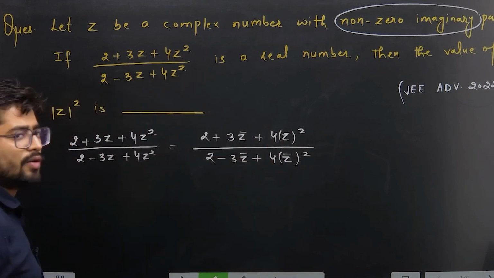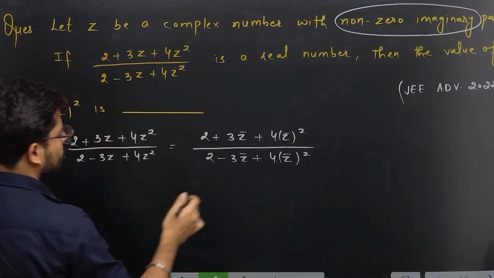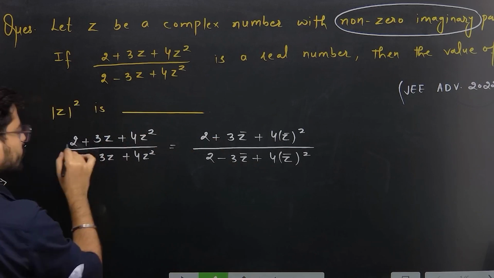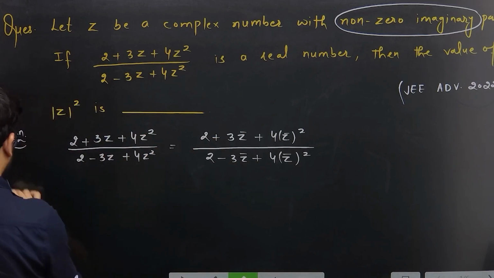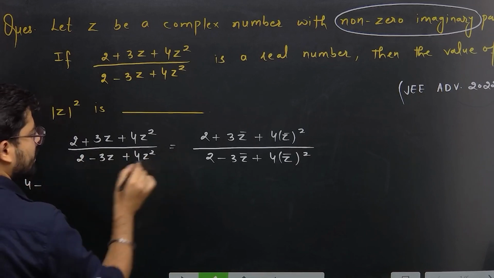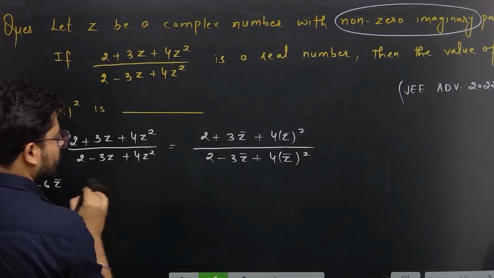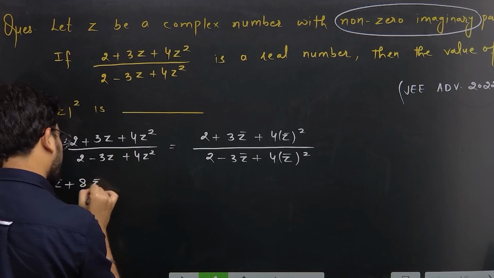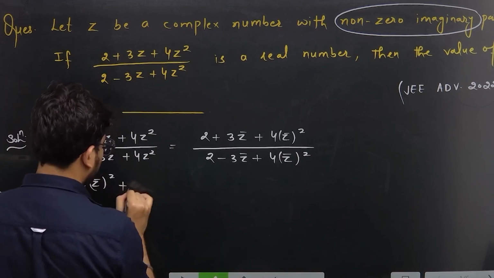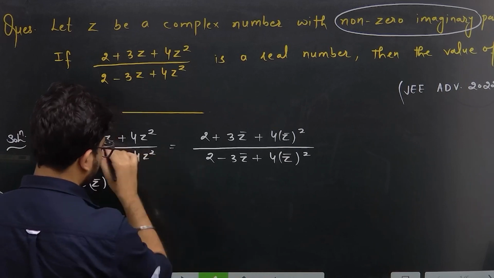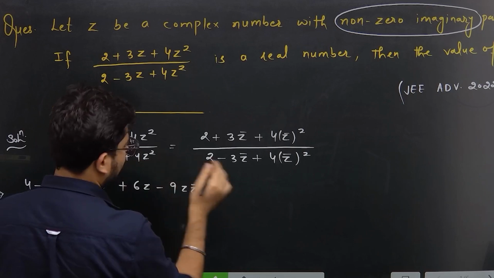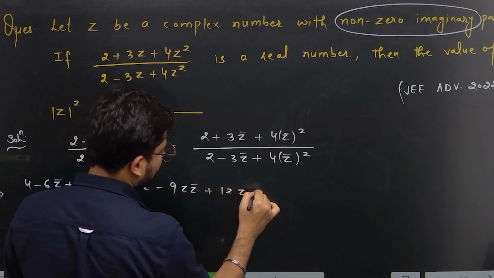So both will be equal. Now what will we use? Cross multiply. When you use your cross multiply, you can say that 2 into 2, that is 4, minus 6z bar plus 8z bar square, plus 3 into 2, that is 6z, minus 9zz bar plus 12z into z bar square.